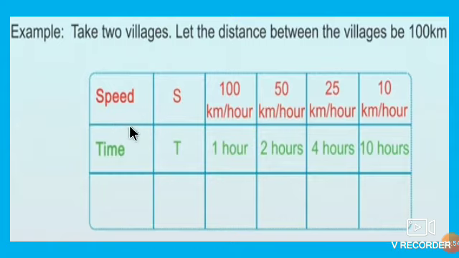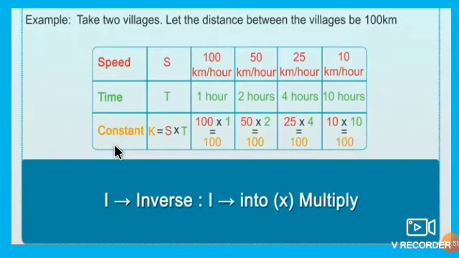What is the relation between the speed and time? Inverse proportion. For the inverse, we have to multiply the quantities, the speed and the time. The speed is 100 kilometers and the time is 1 hour, so we multiply: 100 into 1 is equal to 100.